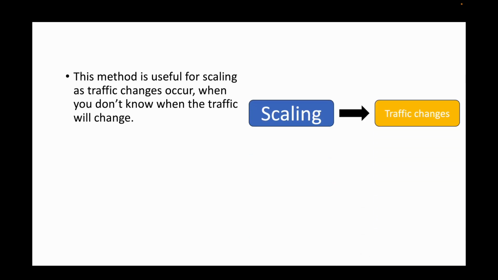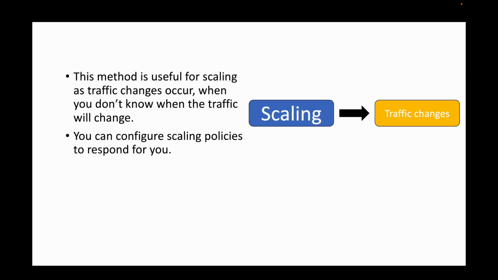So this method can be useful when changes in your traffic occur and you're not sure when this traffic will change. All right, so we cannot estimate when the traffic will increase or when the traffic will decrease. When we don't know that, that's when we can go with scaling on demand, your dynamic scaling.